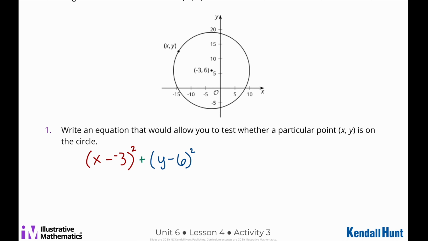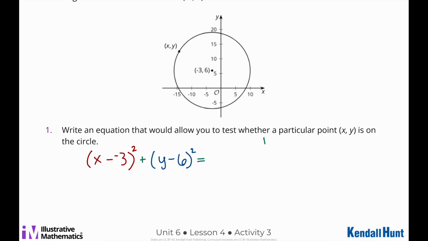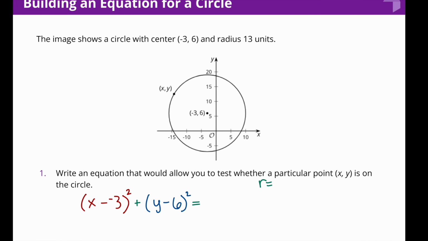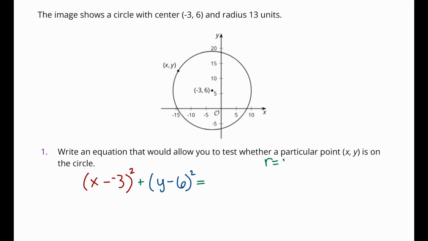And this should be equal to, the radius was 13. So if r is 13, we want this to be equal to 13 squared. Now you can write out 13 squared, which is 169, but I kind of like it this way, just showing that it's the 13 squared.